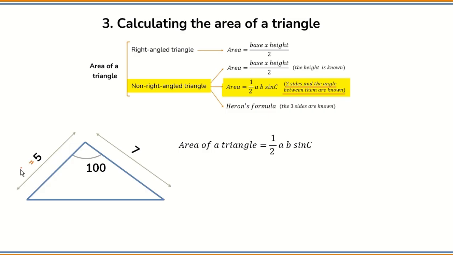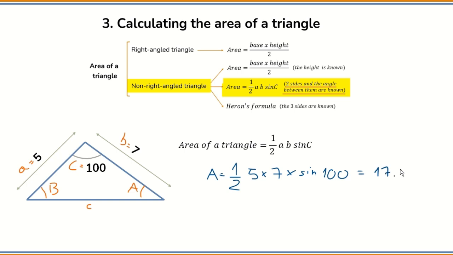This is going to be A, this is B, this is C. So this angle will be capital C, the opposite angle to A will be capital A, the opposite to B, capital B. So the area is 1/2 of 5 times 7 times the sine of 100. And this is 17.23.